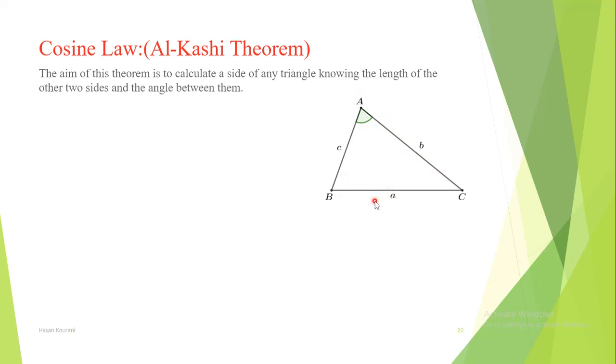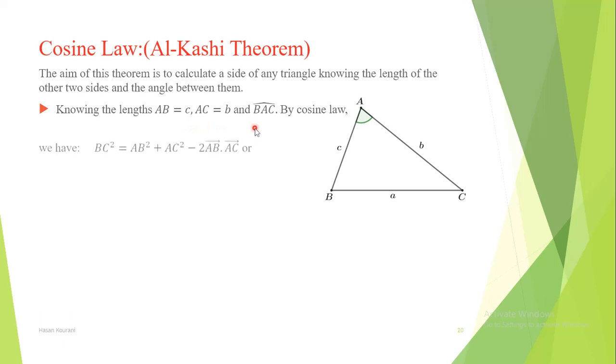How? Cosine law says BC square equals square of AB plus square of AC minus 2 AB dot AC.